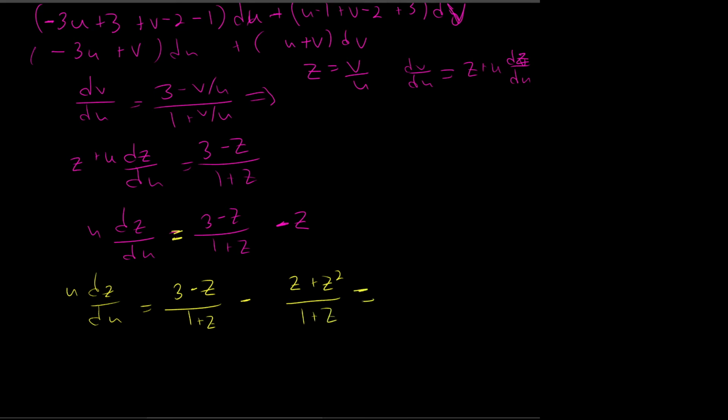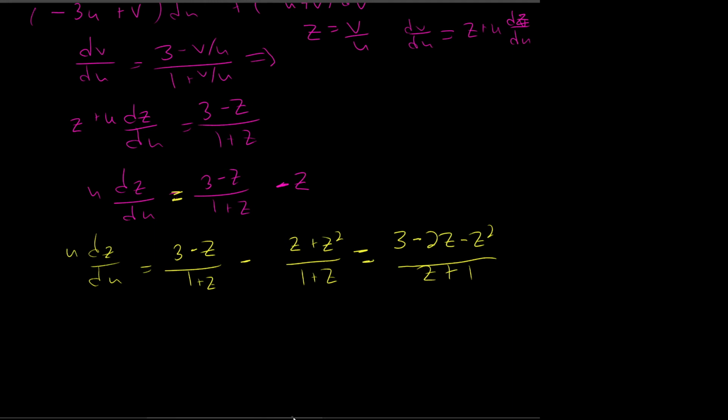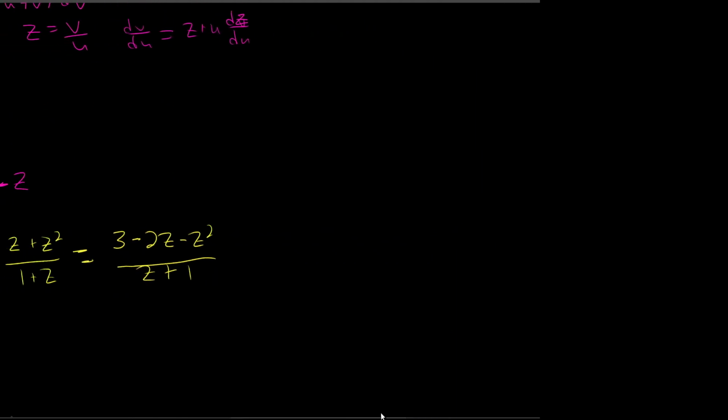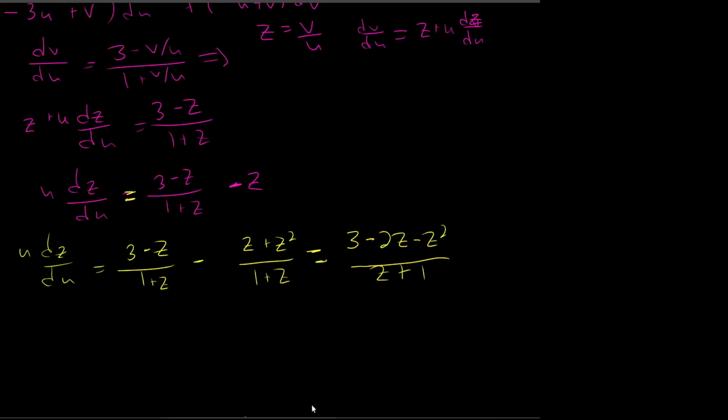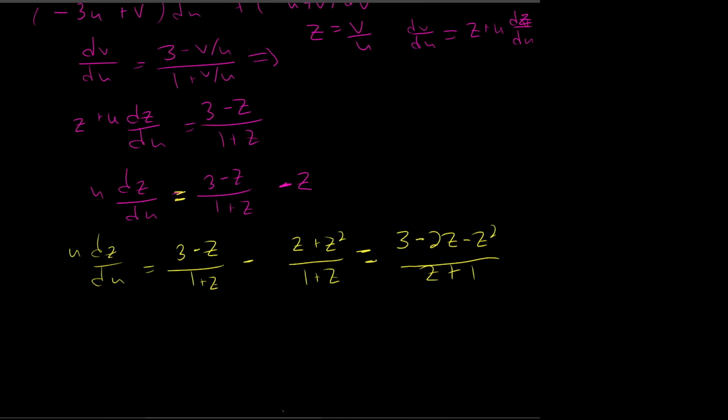Putting these all together, I get 3 minus 2z minus z squared over z plus 1. Whew. Alright, well that's not too bad. I'm out of space, so let me zip over here. We'll just remember to scroll right.